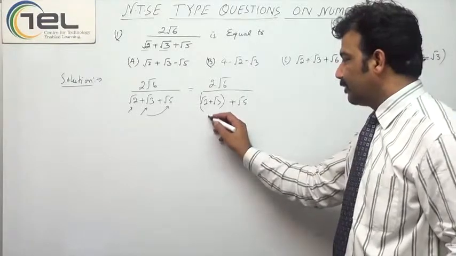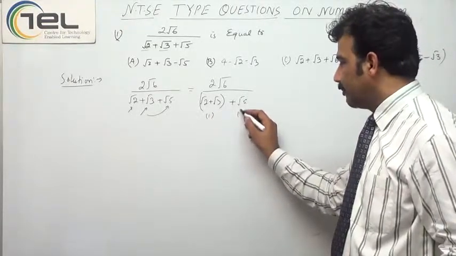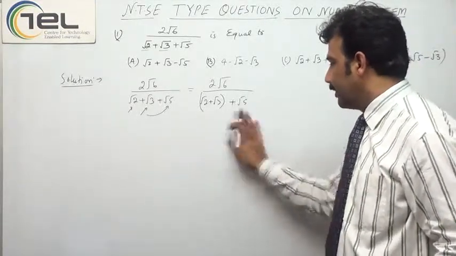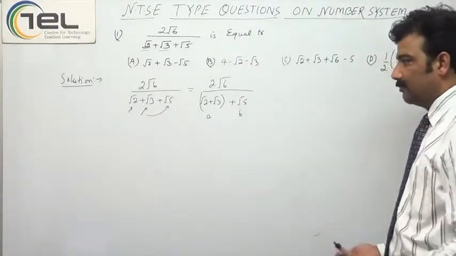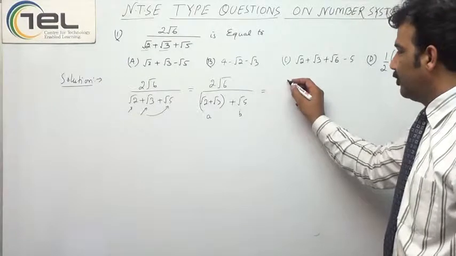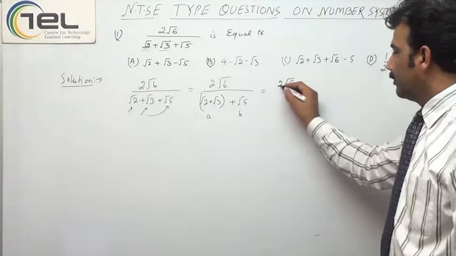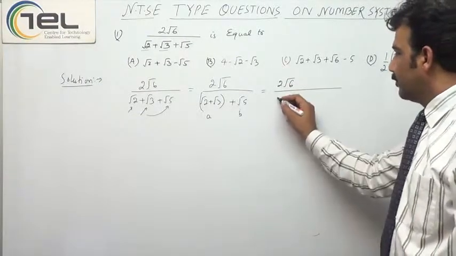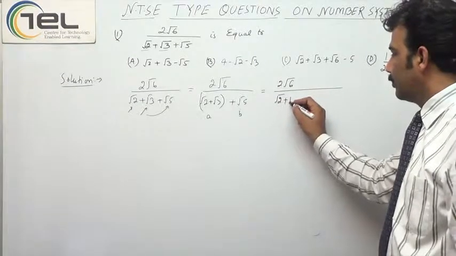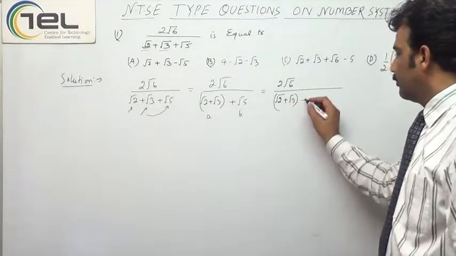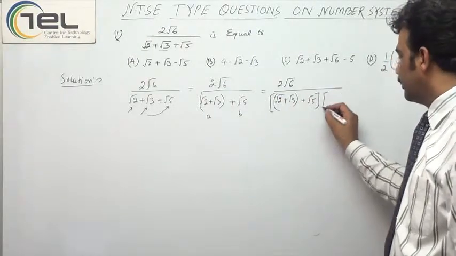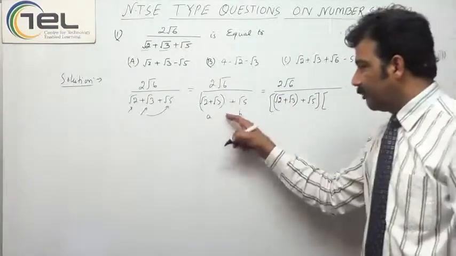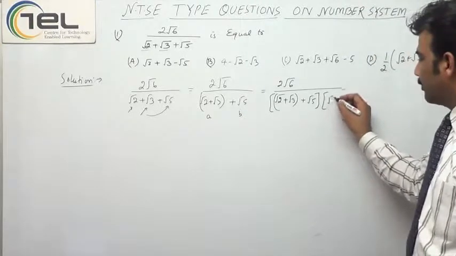Now this is the first term and this is the second term, or I can say this is a, this is b for me, and now I can multiply by the conjugate of this, root 2 plus root 3 plus root 5. The conjugate of a plus b is a minus b.